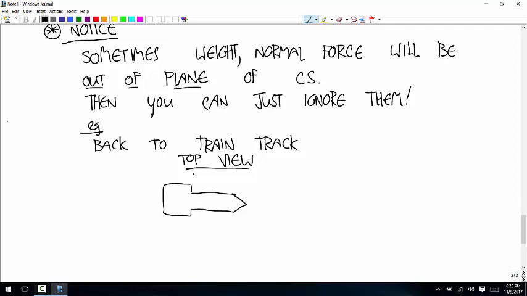Yeah, straight into the picture, straight into the page. And what direction would the normal force be? Yep. So the normal force is out of the page.